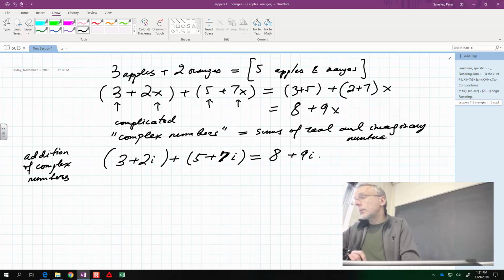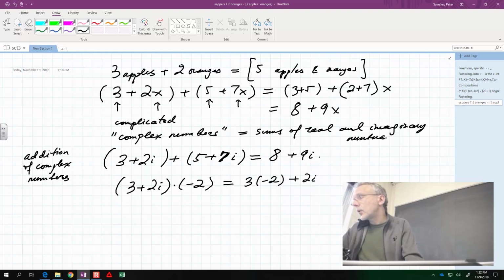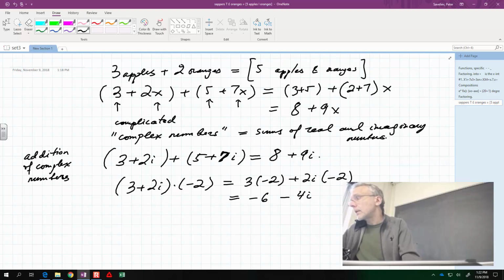You can multiply a complex number, say 3 plus 2i, by a real number, say -2. What do I get? I just apply the rules of algebra as before. I use the distributive property: 3 times -2 plus 2i times -2. We know that we can carry out these operations with no trouble, and the result is a new complex number.